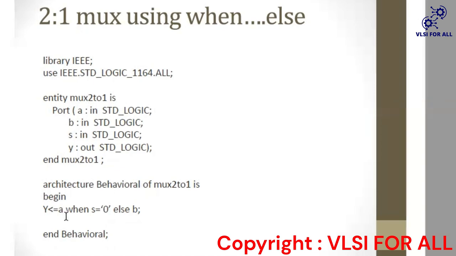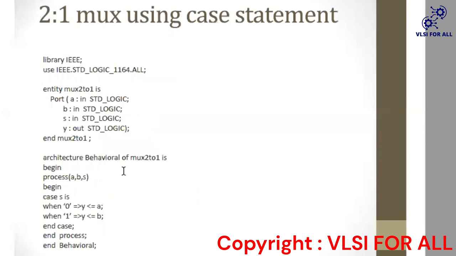We will use a when s equal to 0, else b. It means when s equal to 0, the output will be a, otherwise the output will be b. Like this we can define our 2:1 mux using the when else statement.